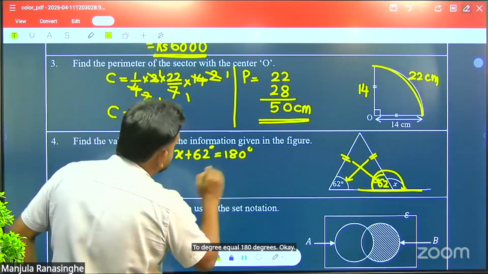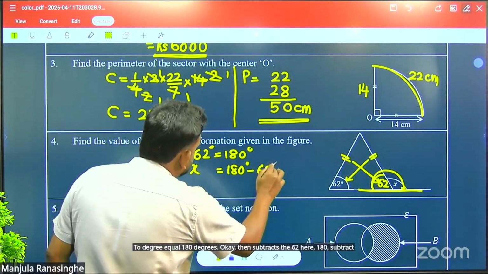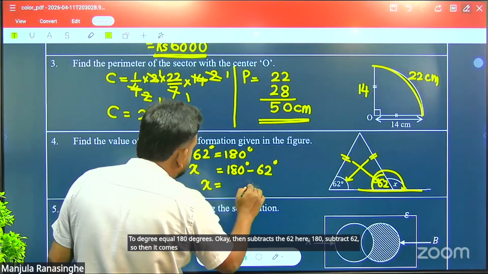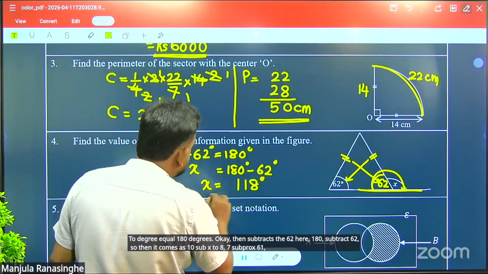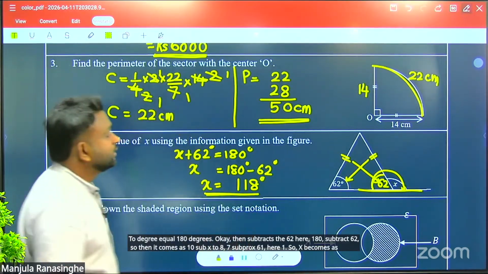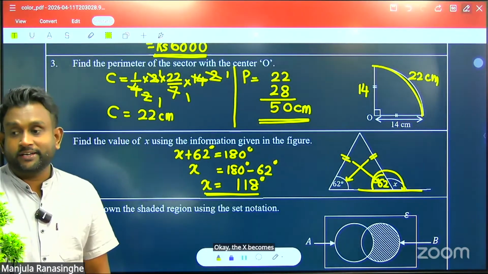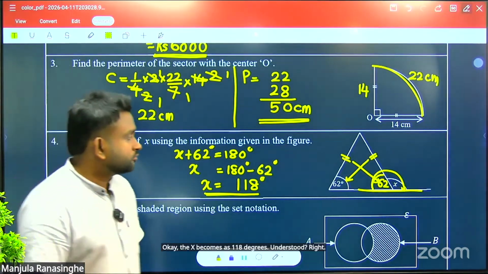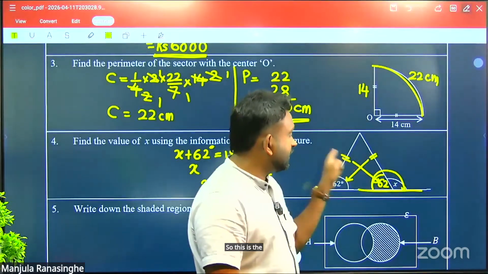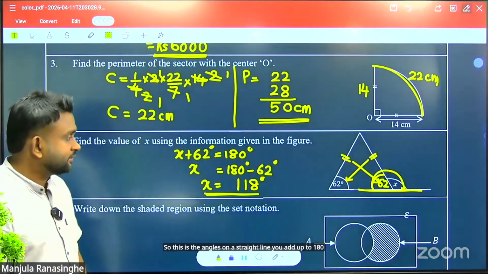Subtracting 62 from 180: 10 subtract 2 is 8, 7 subtract 6 is 1, so x becomes 118 degrees. Understood? So this is the angles on a straight line, they add up to 180.